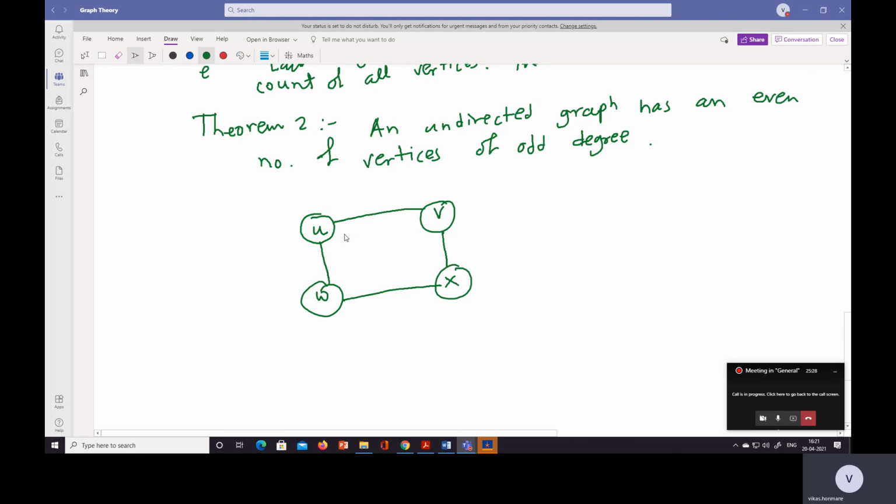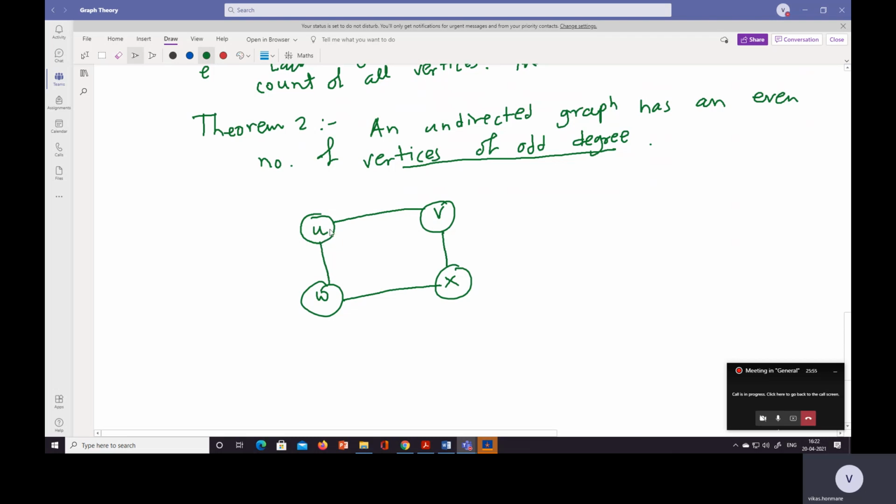So let's consider this graph and see whether it is true or false. This is an undirected graph, and we have to find the vertices with odd degree for this graph.